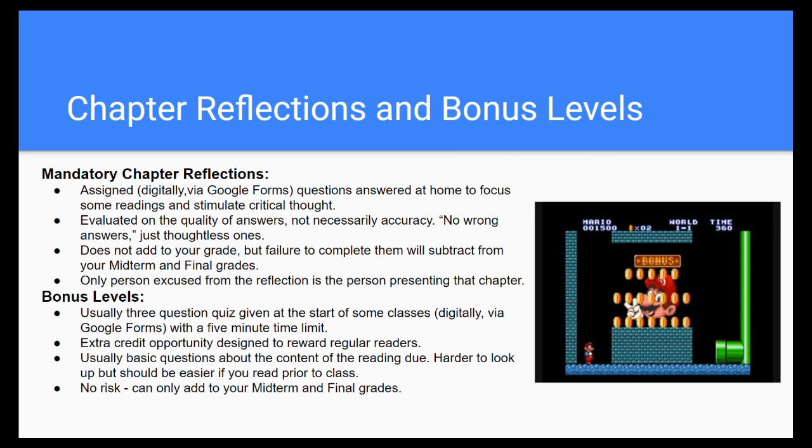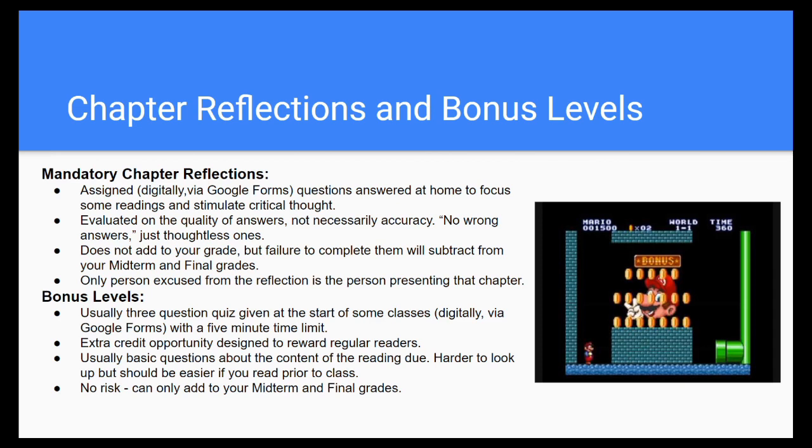Many times there is not a correct answer. I'm asking you to give me an answer that you think is right and to justify why you think it's right. And the answer is usually based on something going on in the chapter. The answer won't be found per se in the chapter, but it'll be found through your wrangling and your critical analysis of what you just read in the chapter.